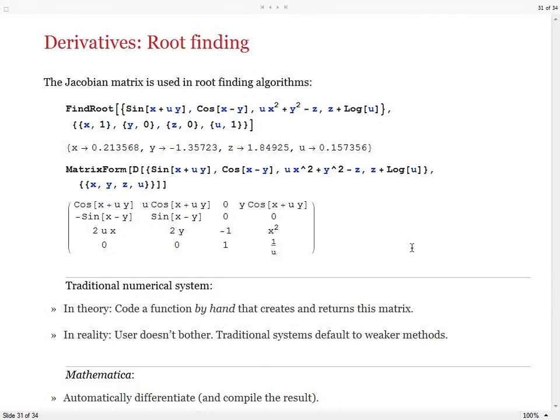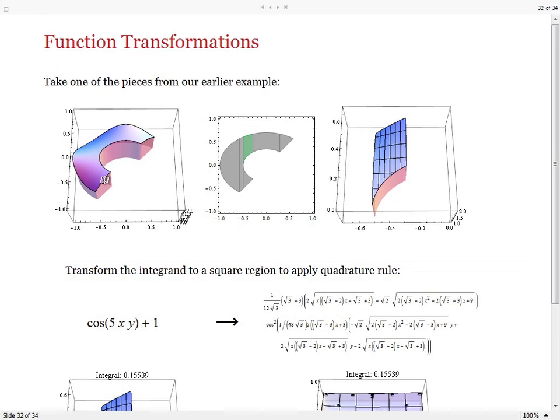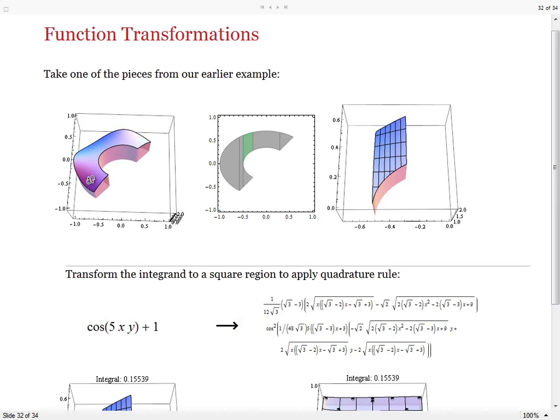In Mathematica, the necessary derivatives are computed automatically behind the scenes, and they're compiled, of course, as an added bonus. As a final example of an optimization that relies on symbolic computation, consider the piecewise subdivision example we saw earlier. In this example, the integration region was subdivided into 6 pieces.